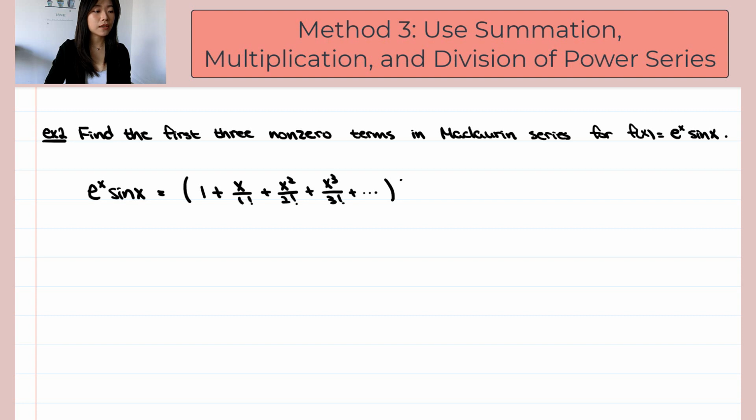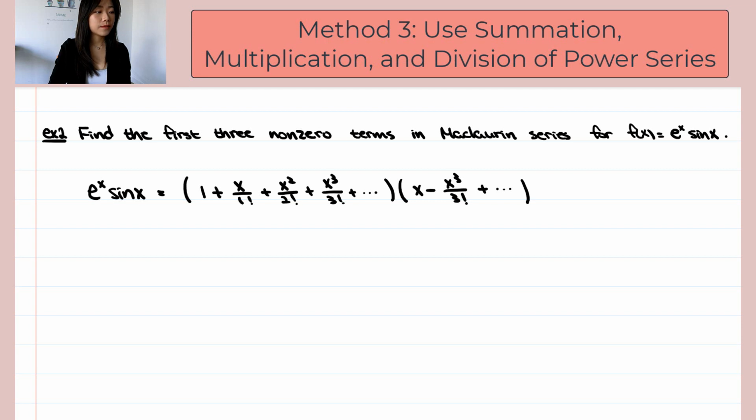So we multiply this series by the series for sine of x, that is x minus x cubed divided by 3 factorial. And since we only want the first 3 non-zero terms, in the second term for sine of x, we already have x cubed, which is the 4th term in e to the power of x. So we do not need to worry about the other terms in sine of x.